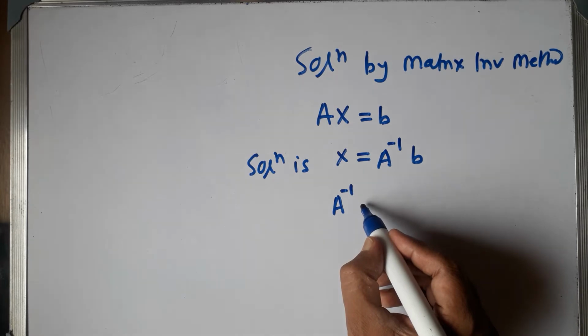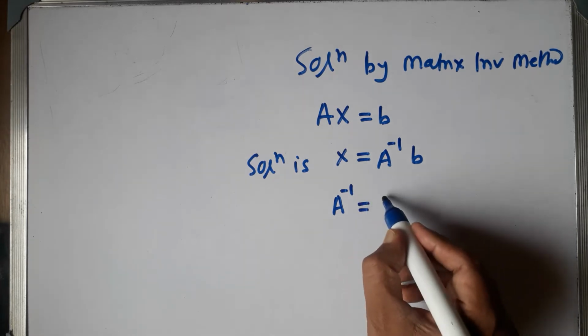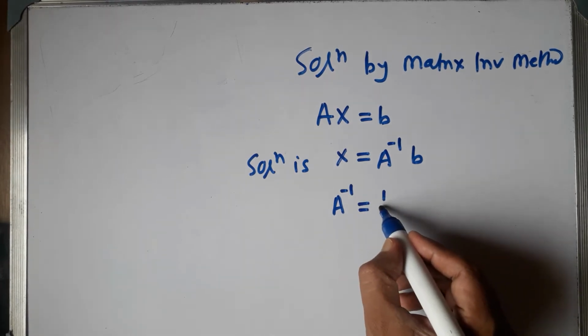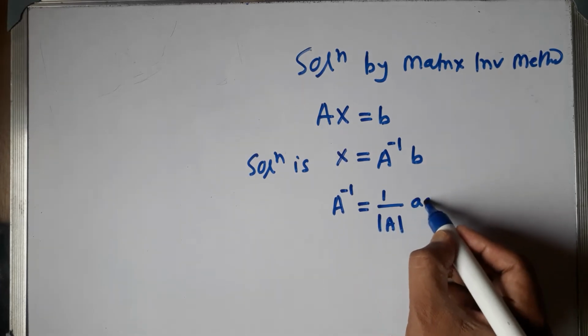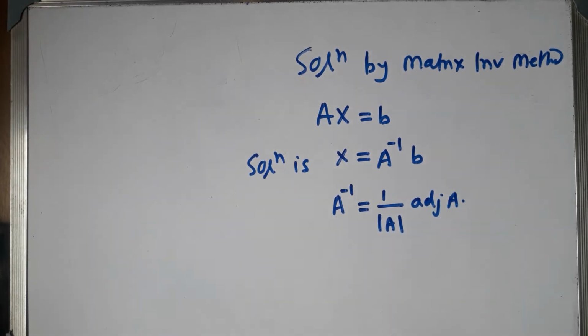A inverse is equal to 1 by determinant A into adjoint A. This is A inverse. I shall solve a problem.